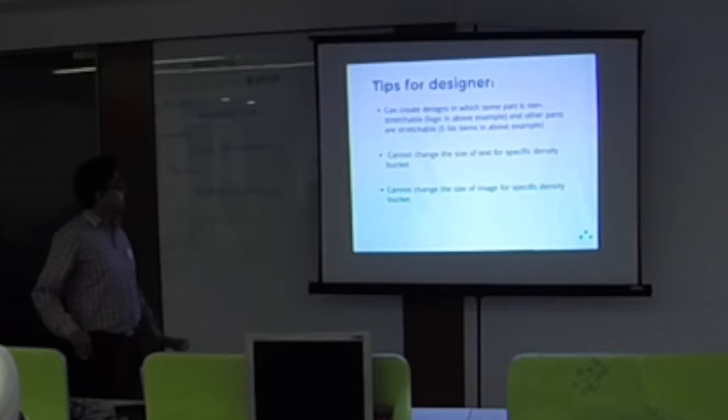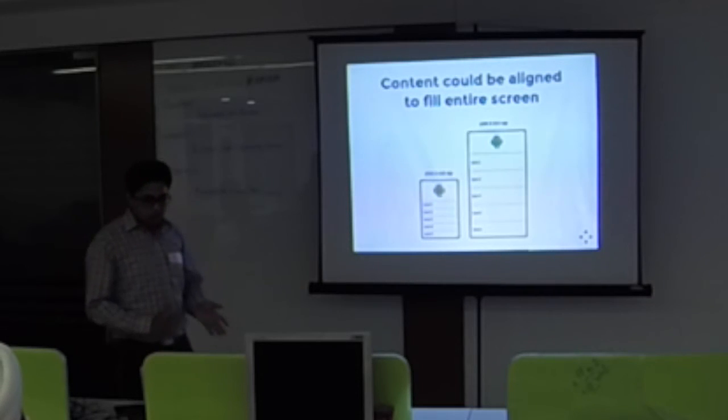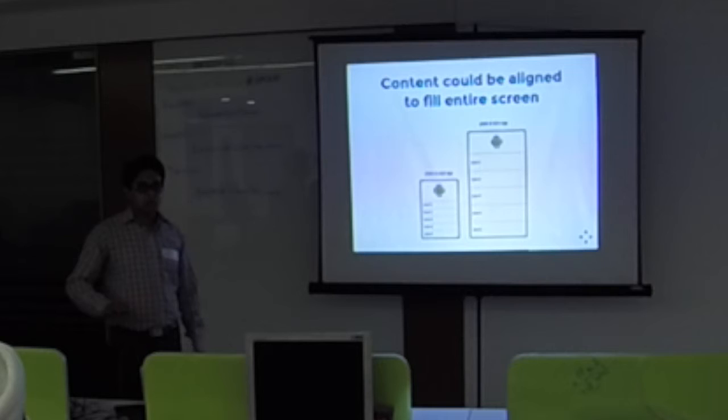A designer can create designs in which some part is non-stretchable, like the logo in the above image, and other parts are stretchable, like the 5 list items in the above example. We developers can distribute the extra available space in a certain ratio.